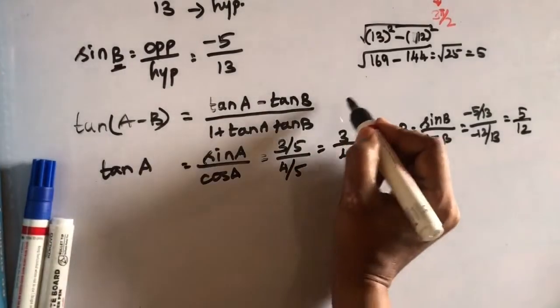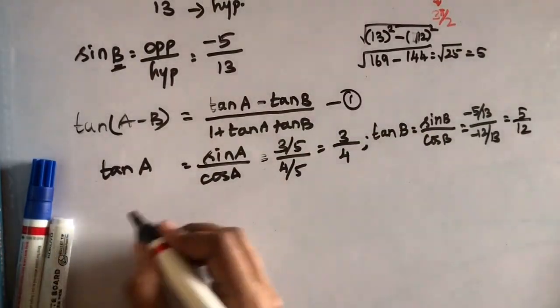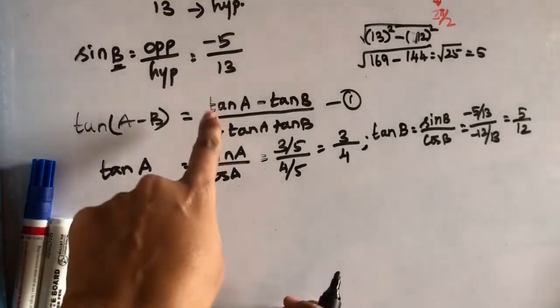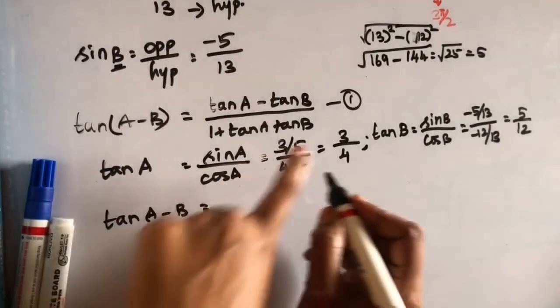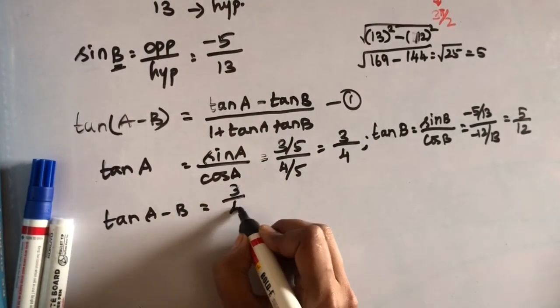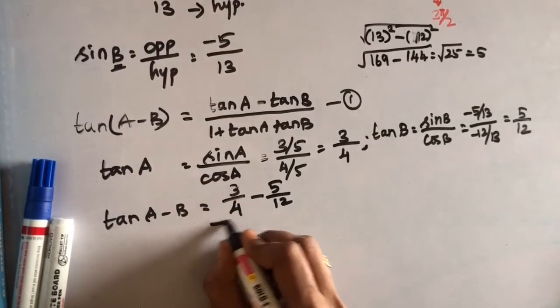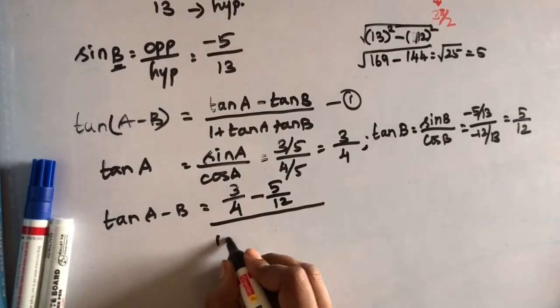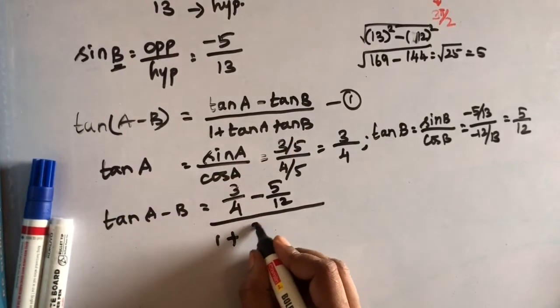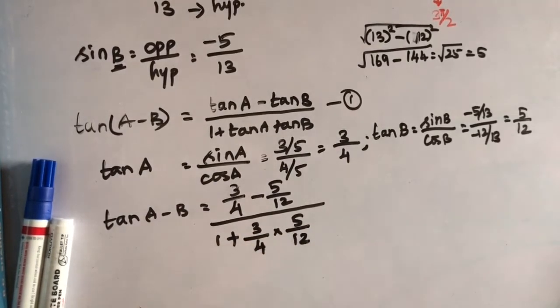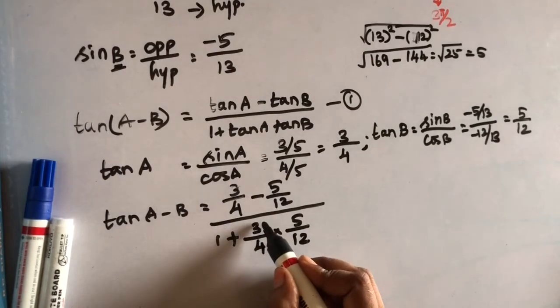Now you can substitute the values in this equation. So tan A minus B is equal to tan A minus tan B, so tan A is 3 by 4 minus tan B is 5 by 12, divided by 1 plus tan A into tan B, that is 3 by 4 into 5 by 12. So we can simplify it.